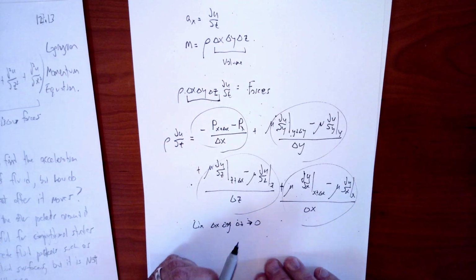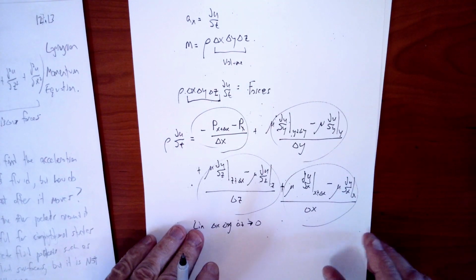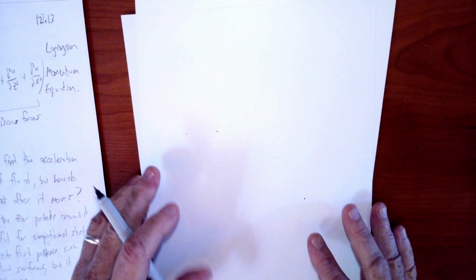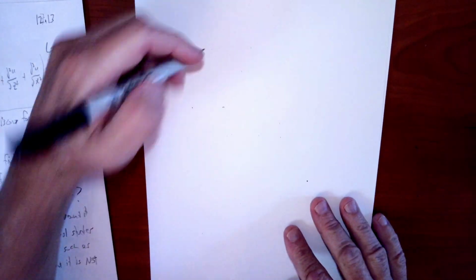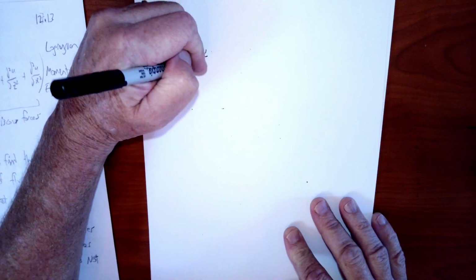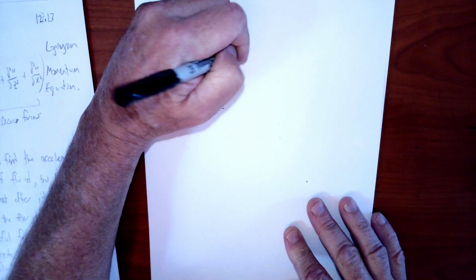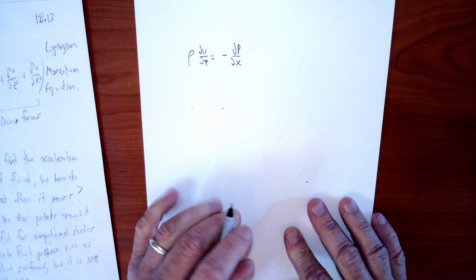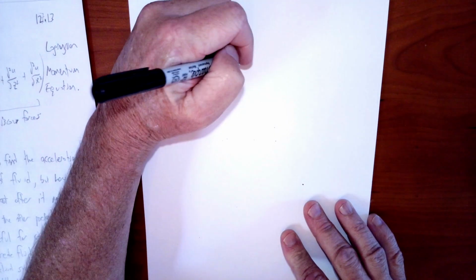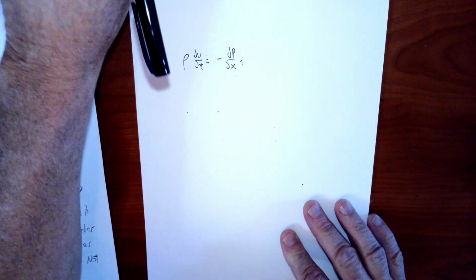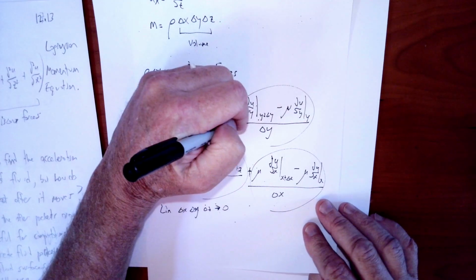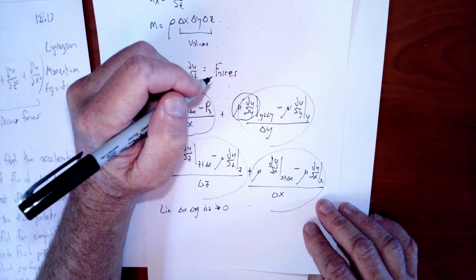And when we do that limit, these are all going to turn into derivatives. So we'll write this nice and cleanly on the next page. When we do that, we have rho du dt on the left. That's what we had before. Then we're going to have the derivative of p with respect to x, because that's what that term was. Then we have to decide, if you look at these terms, this is the derivative of mu du dy.